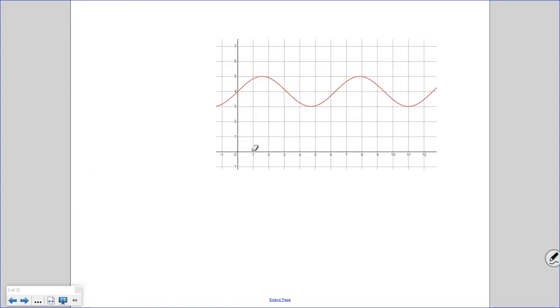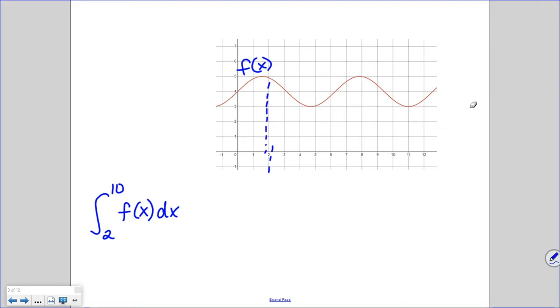So let's draw a picture. I have this function. We'll label this function f of x. Let's say I ask you to find the definite integral from x equals 2 to x equals 10 of f of x dx. The way that this is written, it means start at x equals 2. So I'm going to start at the line x equals 2, and draw a vertical line right here.